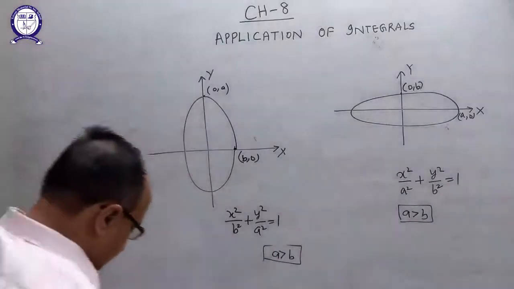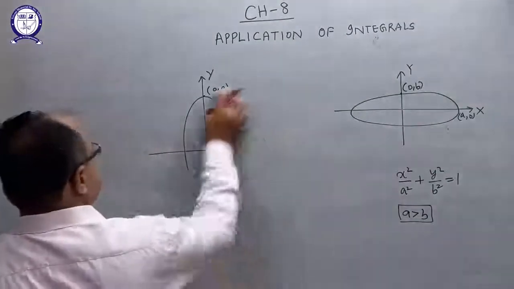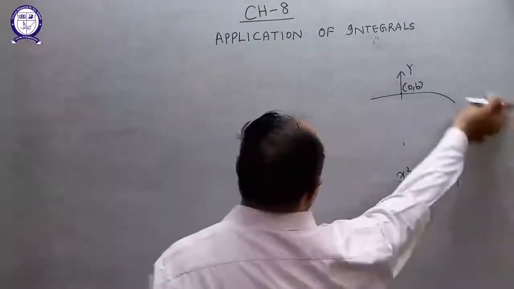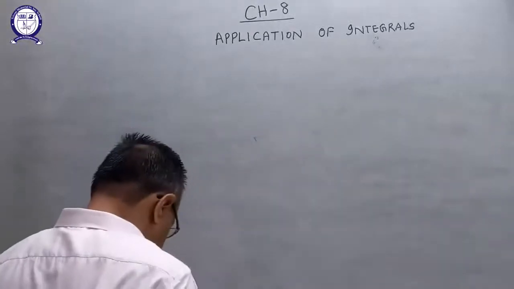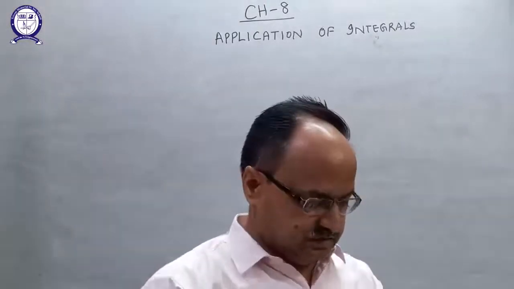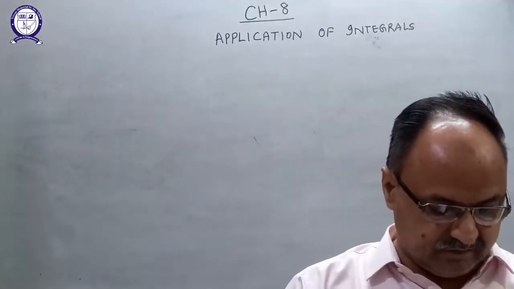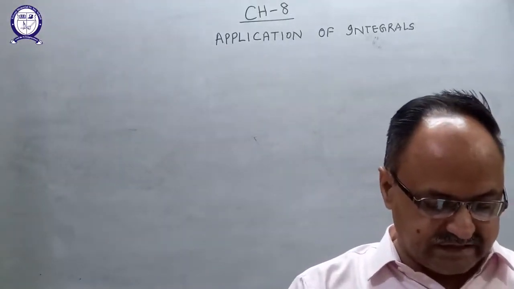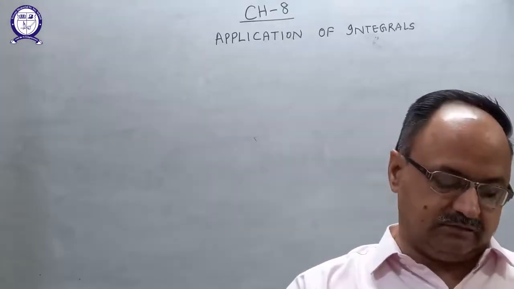Now these are some important properties related to chapter 8. With the help of these properties, you can find the area bounded by a curve. Now start exercise 8.1, question number 1.